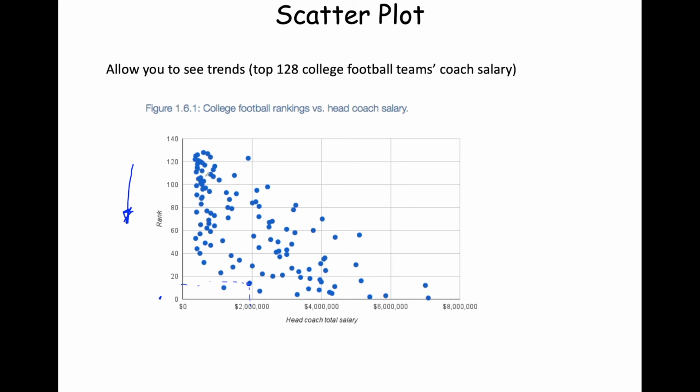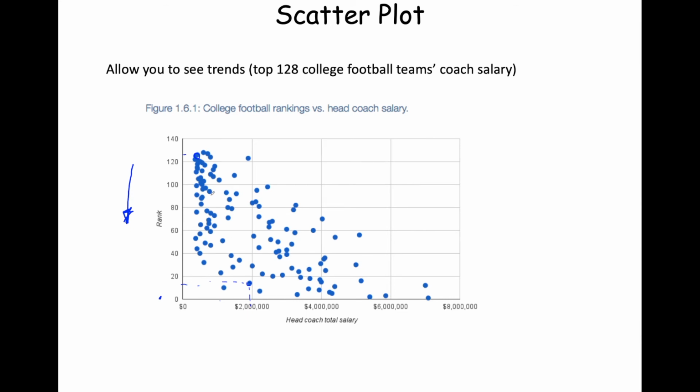So what it tends to seem like is that as your salary goes up, the rank of the team gets better and better, meaning that you get closer and closer to 1. Let's test this out. Let's choose a point over here. Well, the salary looks like it's about 300,000, and the rank looks like about 128. So that seems like it plays out.